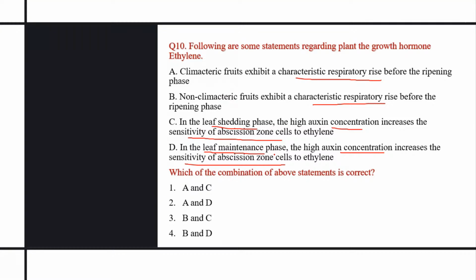In this question, you have to be clear with two things. What is the difference between climacteric fruits and non-climacteric fruits? First thing. Secondly, you have to understand the concept of the leaf abscission process. What is the shedding phase? What is the maintenance phase? What is the abscission phase and all?